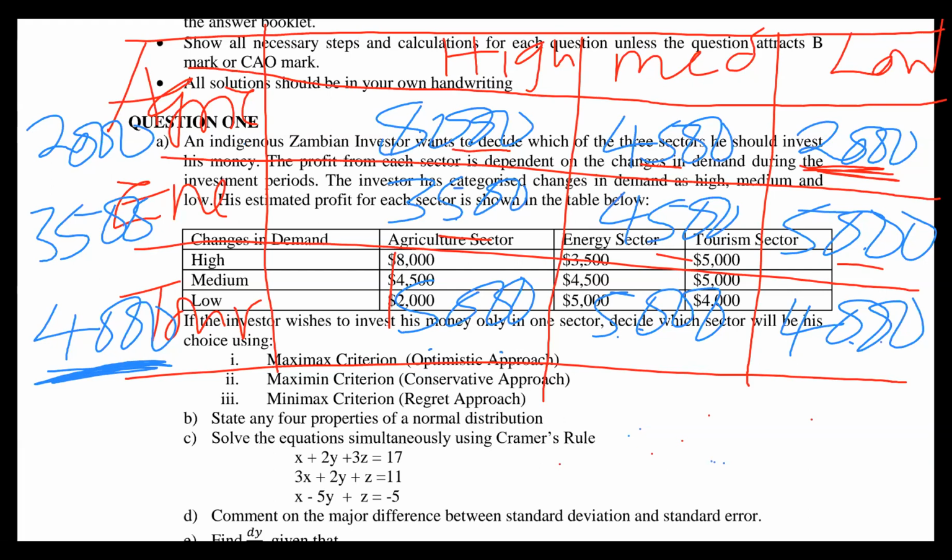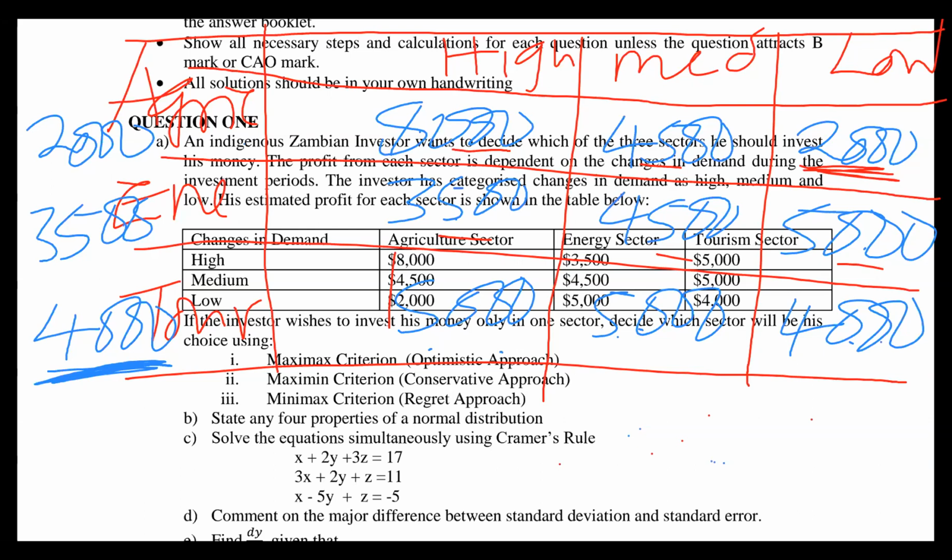That's correct. So in this case, if the person is using the Max-Min criterion, or conservative approach, it means that they should invest in tourism. Is that fair with all of us?